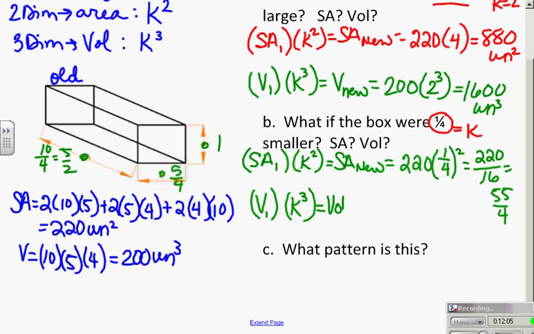And you're done. You can repeat the same thing with the volume of my original times k cubed to get the volume of your new.